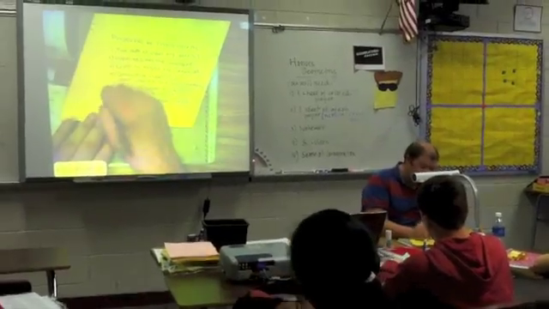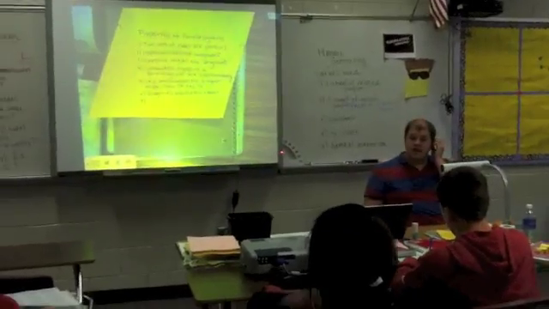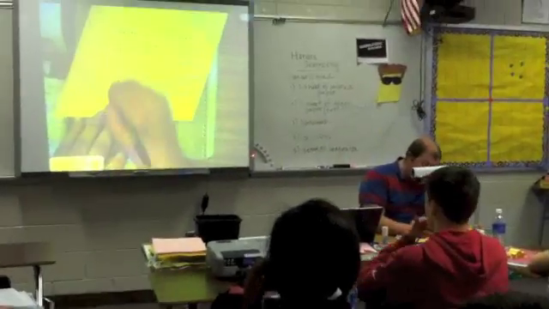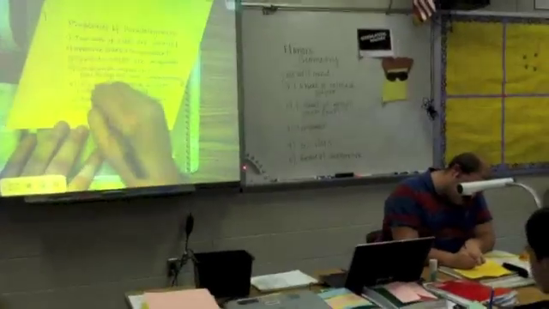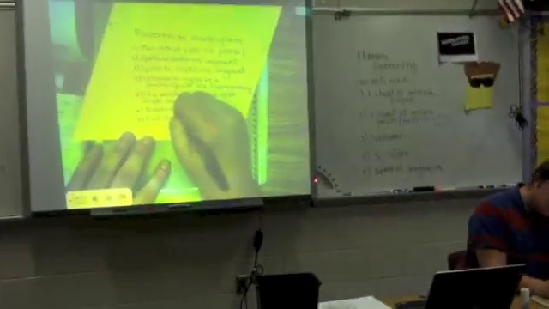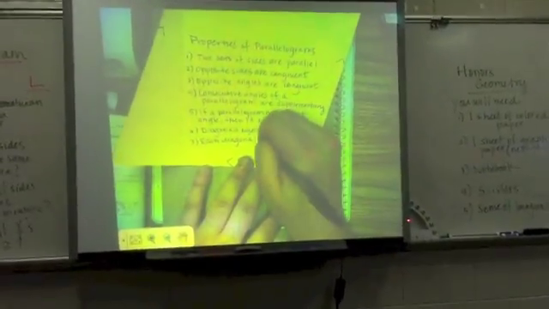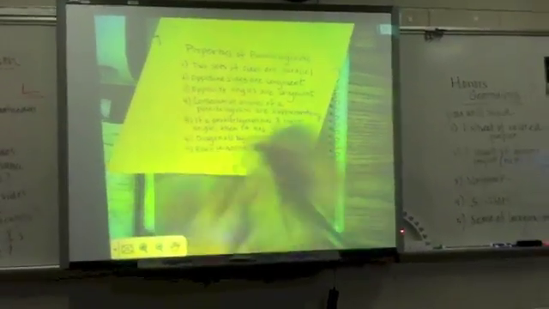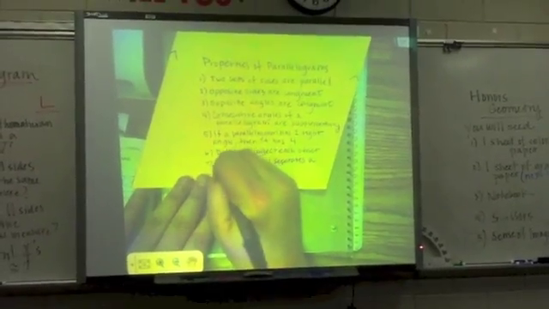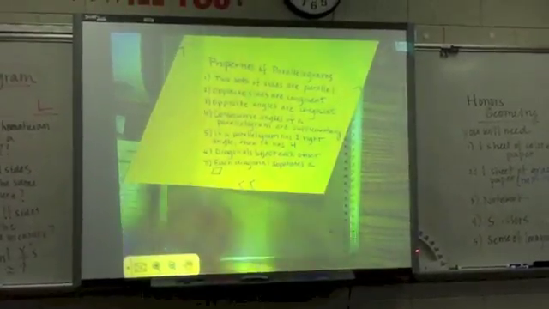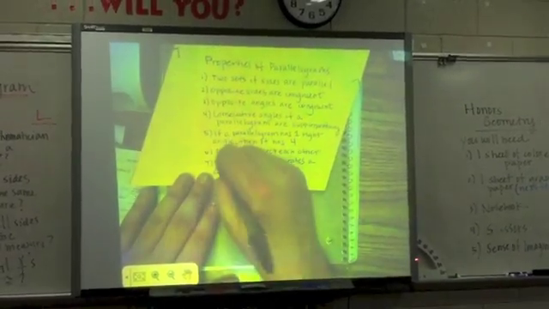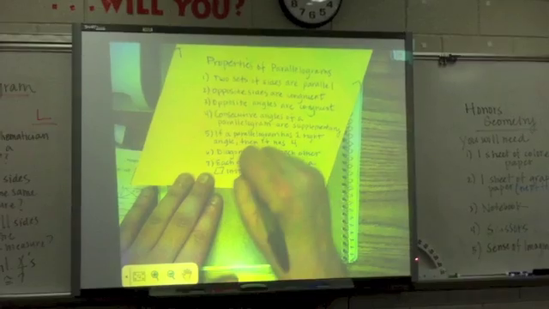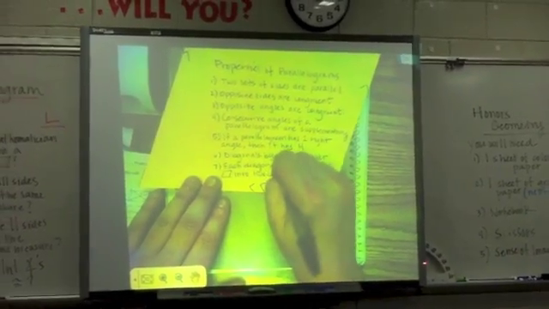Okay, and the last thing sort of goes off of what William was saying about the triangles, but each diagonal, and this is the last rule, so if you're wondering, you're running out of room, this is the last one. Each diagonal separates a parallelogram into two congruent triangles.